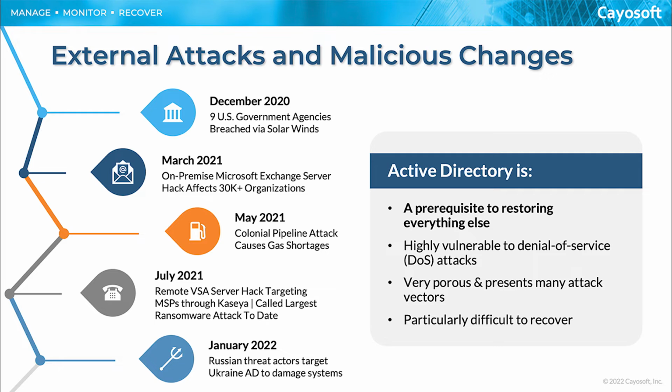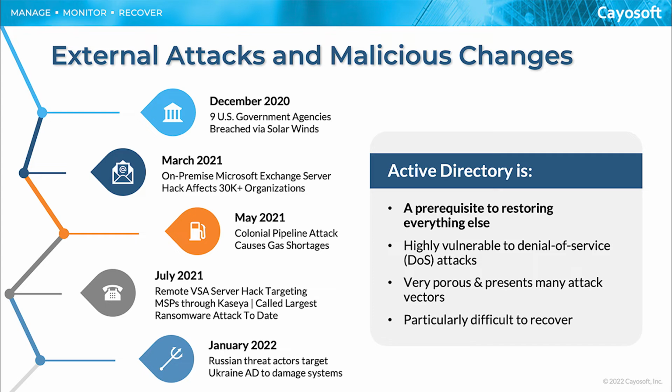And that's because the legacy directory is very vulnerable to denial of service. So it's easy to attack it in such a way that you prevent people from using Active Directory on premise, which is primarily for logging in and then getting authorization or access to resources. It's lots of settings, so lots of places to attack. So we call that being very porous, and it's hard to recover. It's very, very difficult to bring back if you lose your full directory.